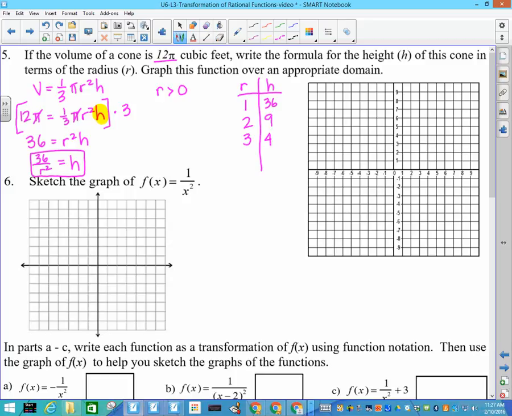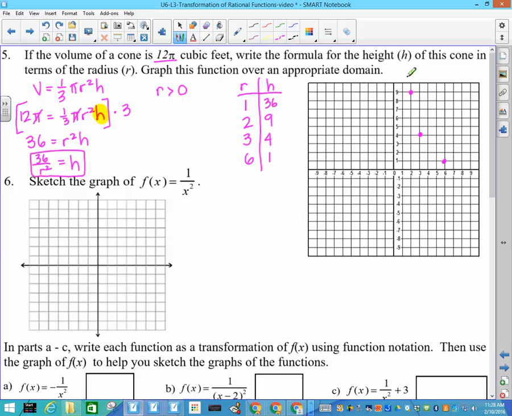If I put a 6 in, so I'm thinking of numbers that would go into 36, 6 squared is 36, and 36 divided by 36 is 1. So if I plot these points, I have 6, 1. I have 3, 4. I have 2, 9. And I have 1, 36, which is way off my graph.